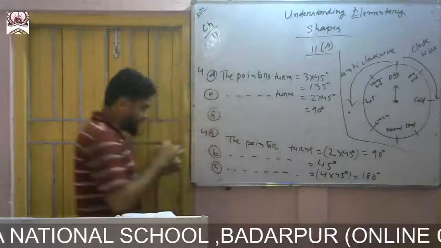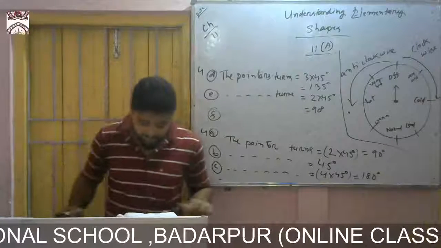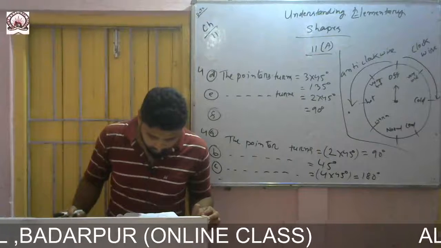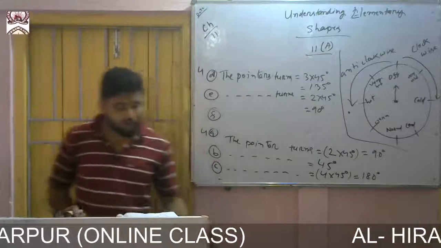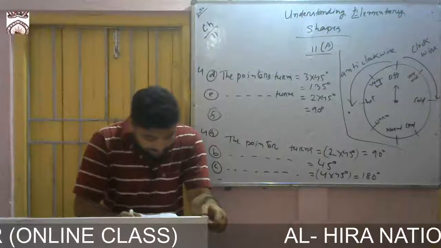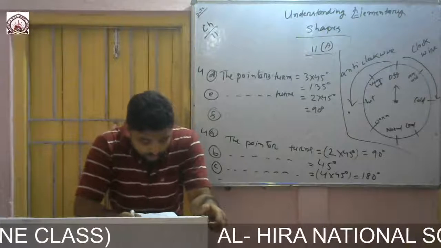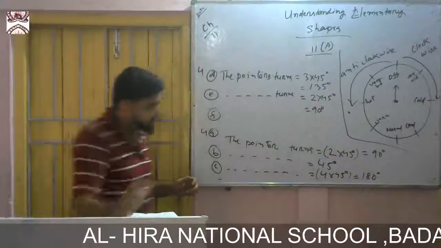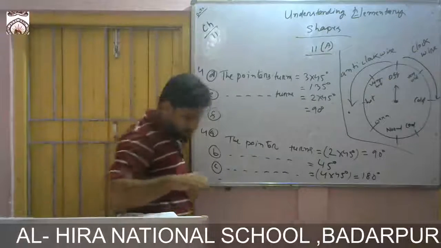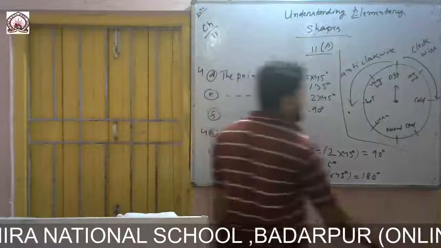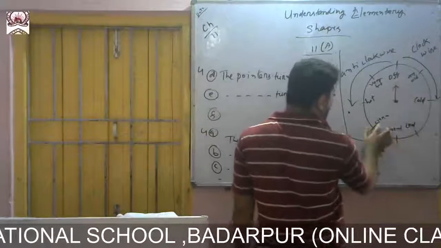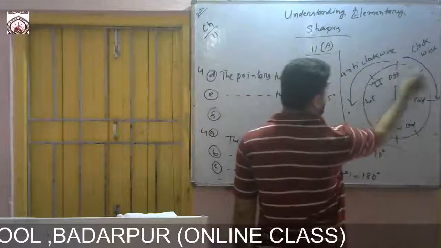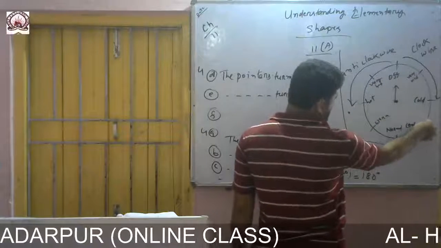Now come to F. Anti-clockwise from very cold to very hot, 90 degrees. Now clockwise from warm to cool. Where is warm? Warm to cool here. So 1, 2, 3, 4, 5, 6.